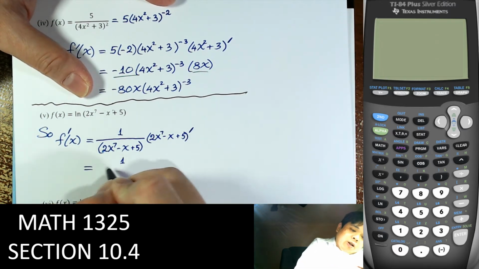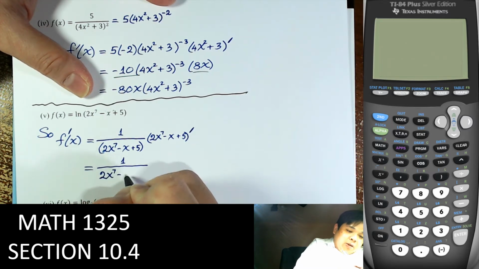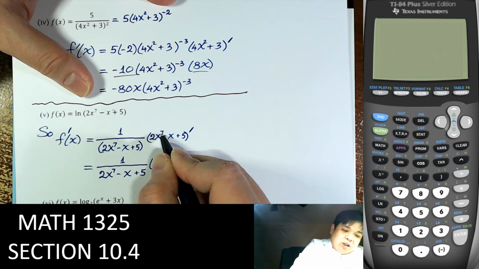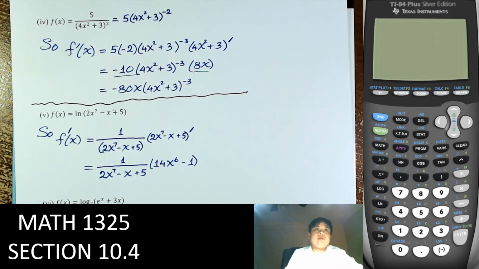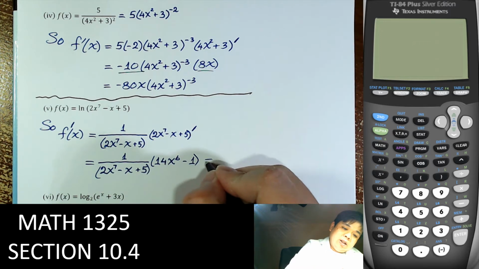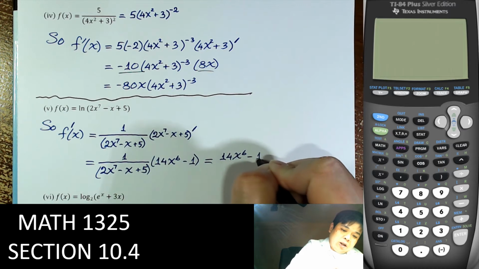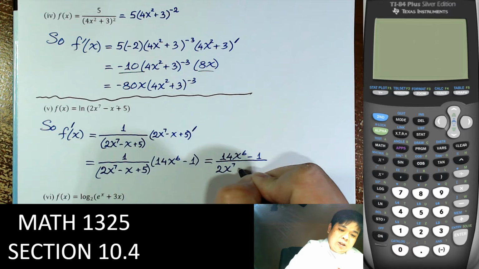So we have 1 over 2x to the 7 minus x plus 5. The derivative of this is 14x to the 6 minus 1. I just multiply that to the top. We can write 14x to the 6 minus 1 over 2x to the 7 minus x plus 5.